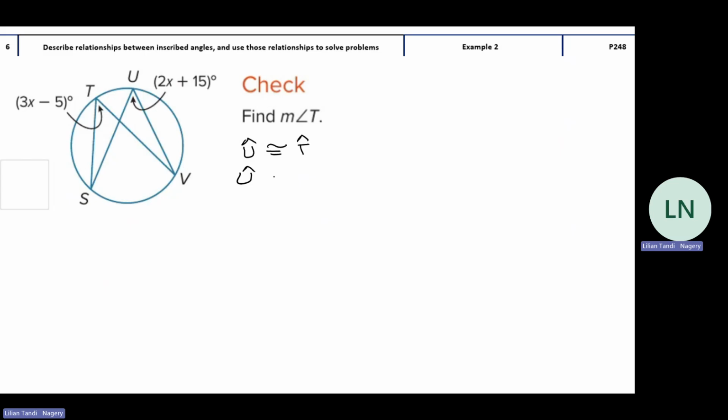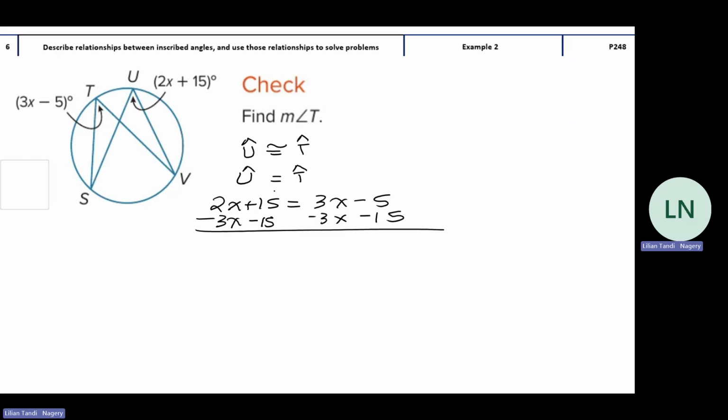Angle U is equal to angle T. Then 2x plus 15 is equal to 3x minus 5. Minus 3x, minus 15 on both sides. This goes away, this goes away. This becomes negative x, and this becomes negative 20.